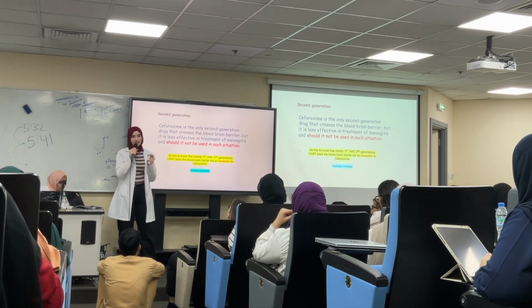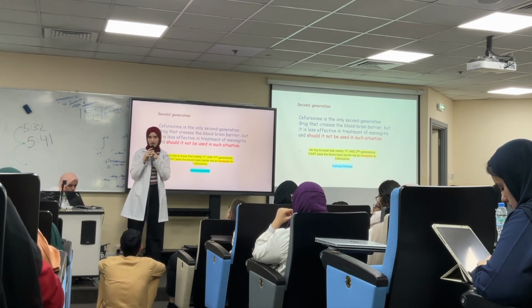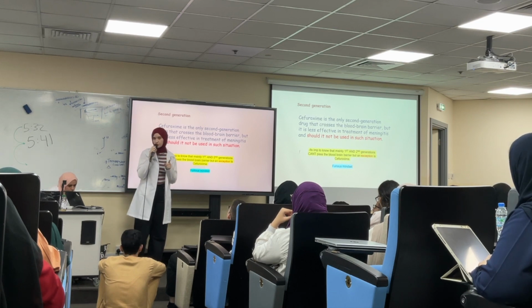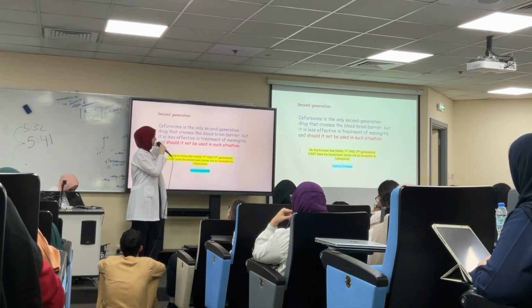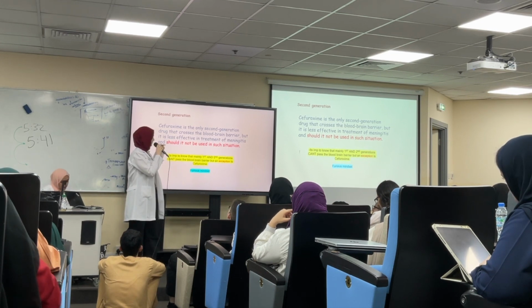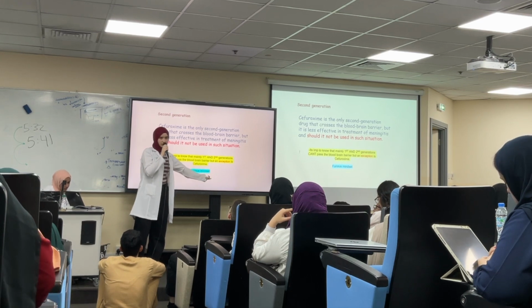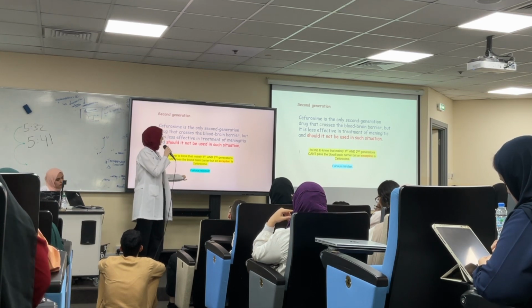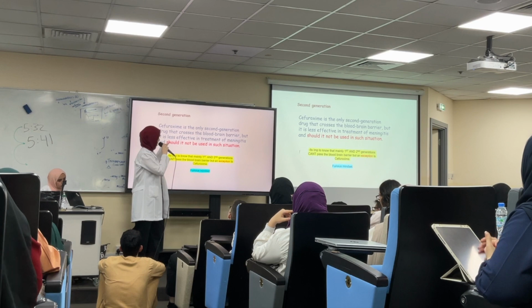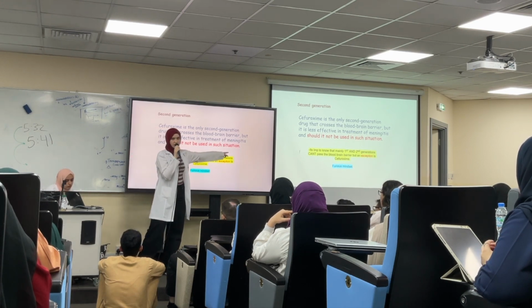Here we said the first and second generation, we're not expecting them to cross the blood-brain barrier, right or not? There is one exception, cefuroxime. It crosses the blood-brain barrier because you can memorize it as furious mindset. Mind, it crosses the blood-brain barrier, and furious for cefuroxime. It is effective for meningitis.